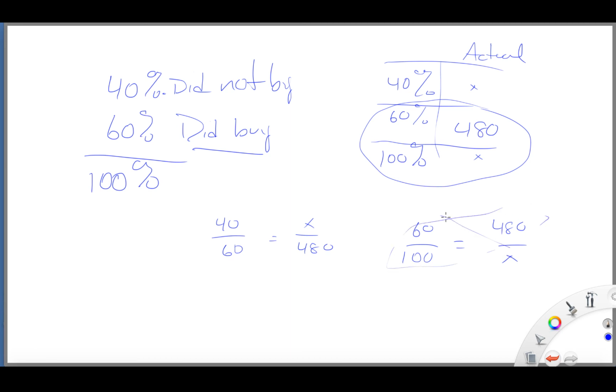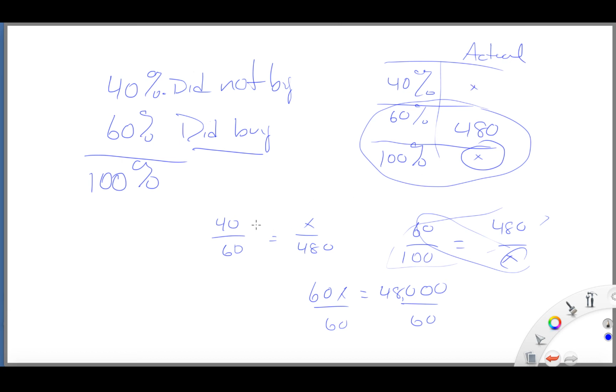Cross multiply, so we have 60x equals 48,000. Divide by 60, and we can come up with x, which is our total. Then our total subtracted by who bought lunch, the 480, would equal our 40%.